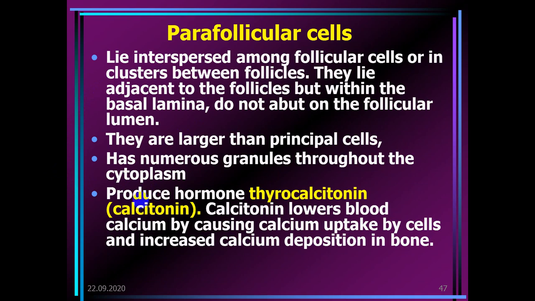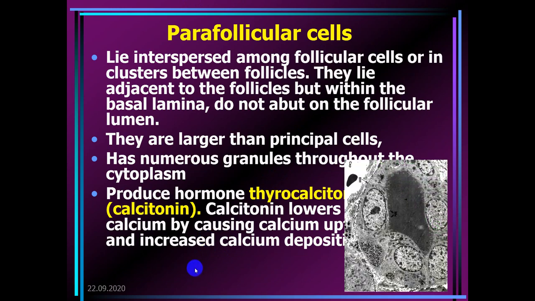The second place of allocation of parafollicular cells is as clusters of these cells in connective tissue between the follicles. In the first place, you can see it again in this transmission electron micrograph. These cells are larger than thyrocytes. It is not visible here, but it is so, and their apical surface never reaches the colloid. They are flat and large.